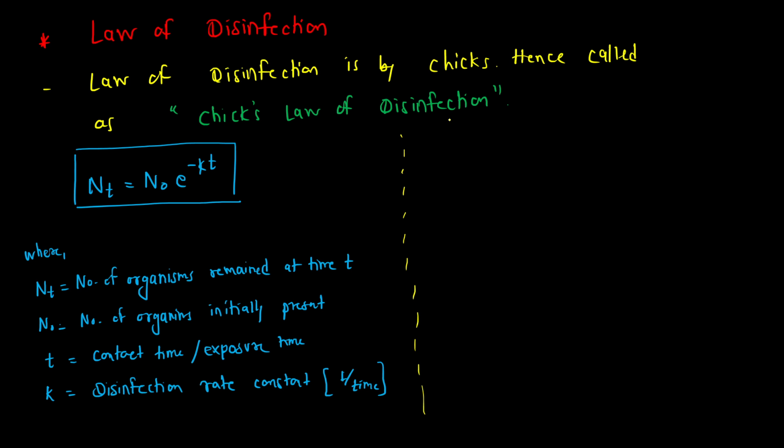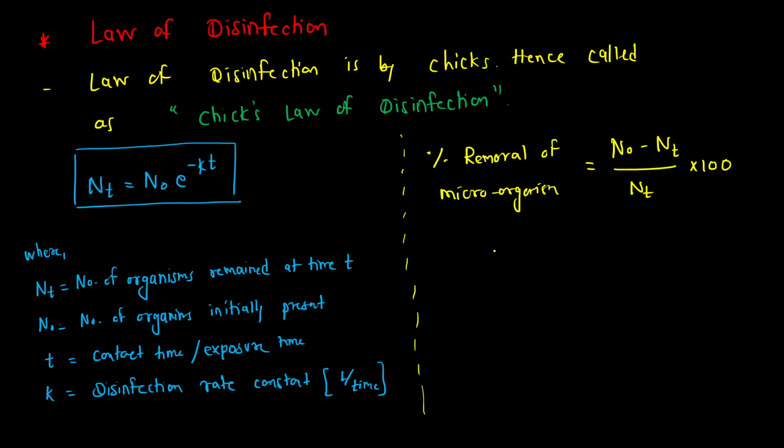Now write down one formula: percentage removal of microorganisms is equal to N0 minus Nt divided by N0 into 100, as it is a percentage multiplied by 100.